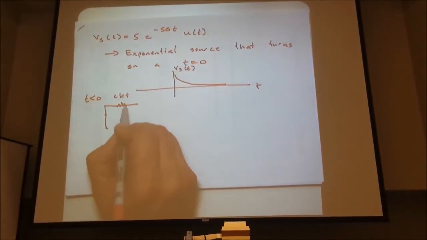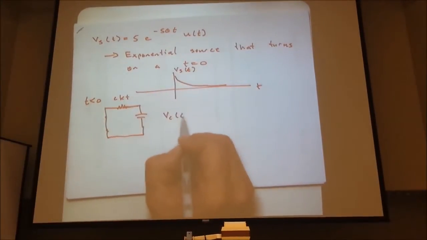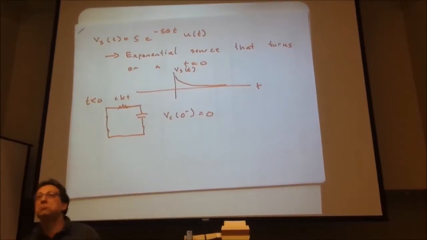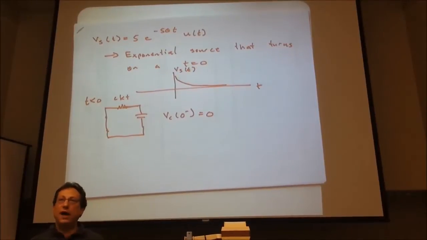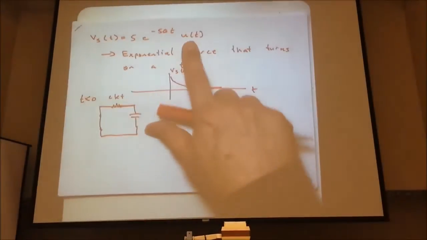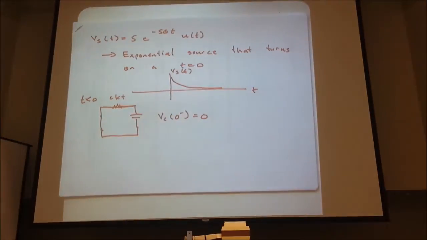Oops, we got the resistor. No source is on. VC of 0 minus equals 0. So we still have 0 initial conditions. If there's no source for t before 0, 0 initial conditions apply. It doesn't matter what source happens at t equals 0. And that's what this tells us. Nothing exists for t less than 0. So we have 0 initial conditions.